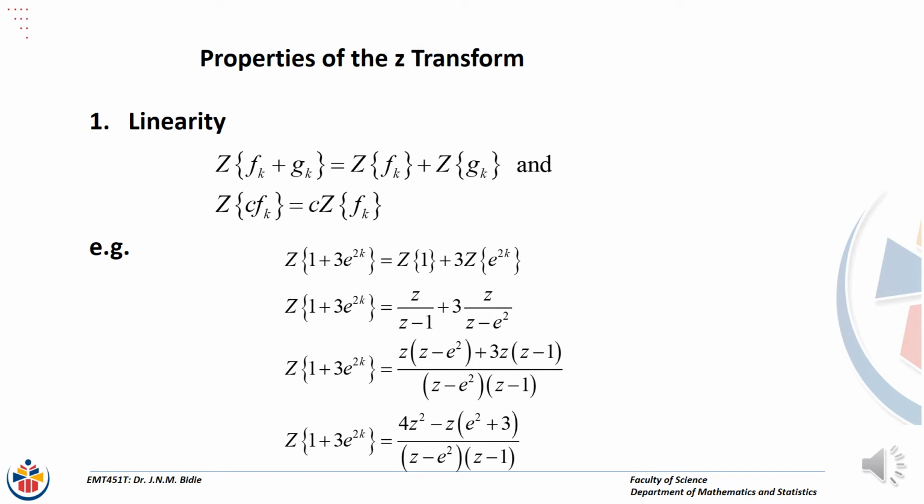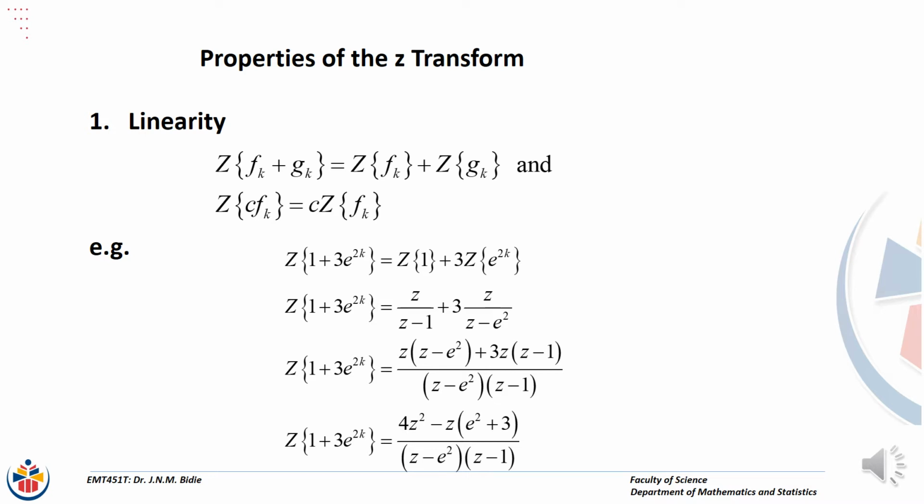This will help us also when we are solving differential equations using the Z transforms, because most of the time it's a sum of constant coefficient terms. Therefore, we have to use the linearity of the Z transform in order to take the Z transform of each of those terms. Rule 2, I believe, says that the Z transform of 1 is Z over Z minus 1.